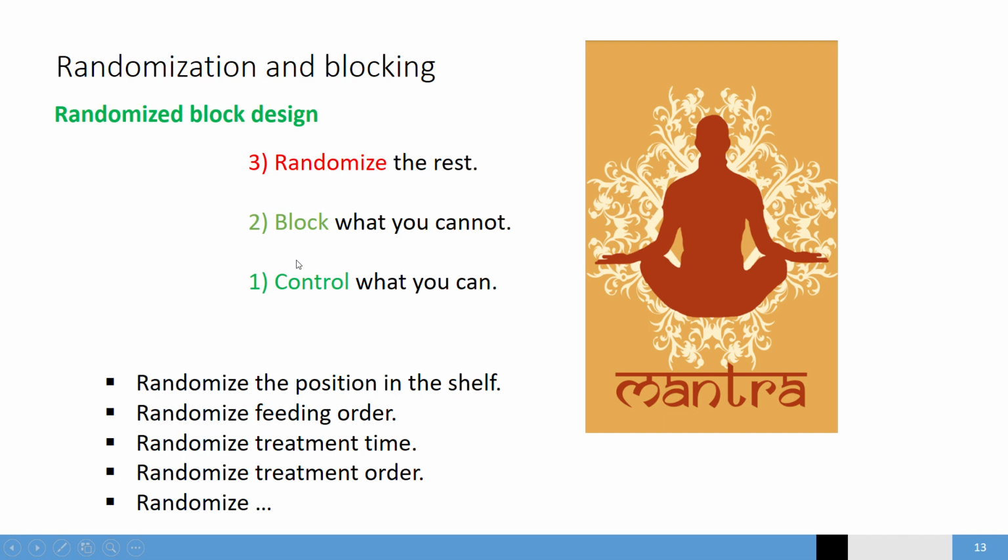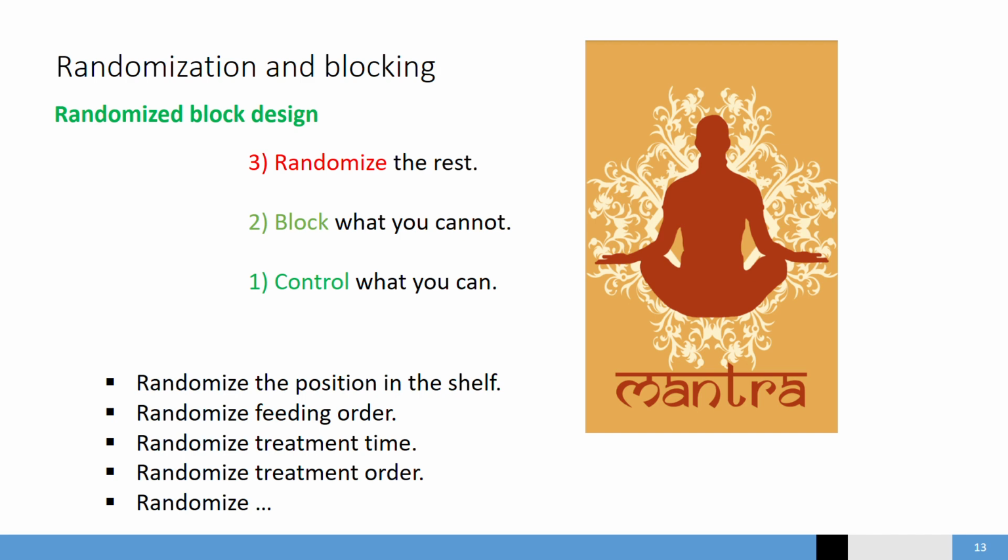And randomization can be randomizing the position in the shelf. For instance, maybe cages that are closer to the ceiling, because they are closest to the light, animals respond differently. Or if they are closer to the door, or closer to a heat source, or this kind of thing.